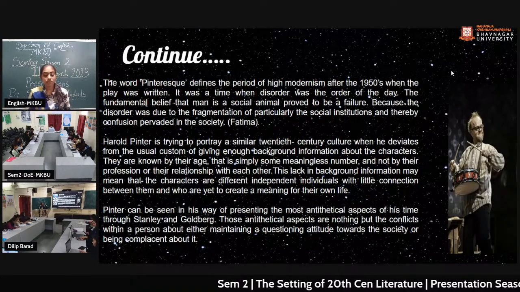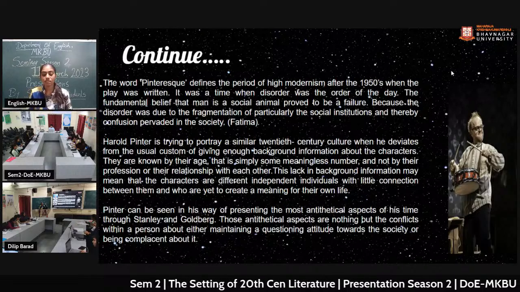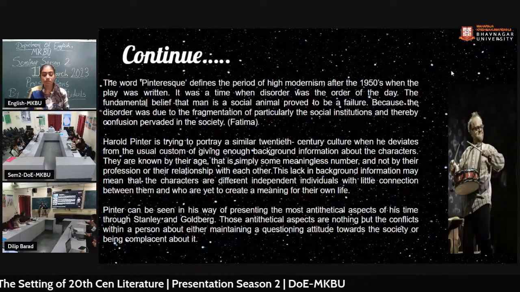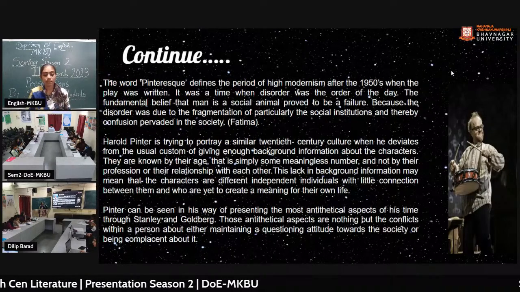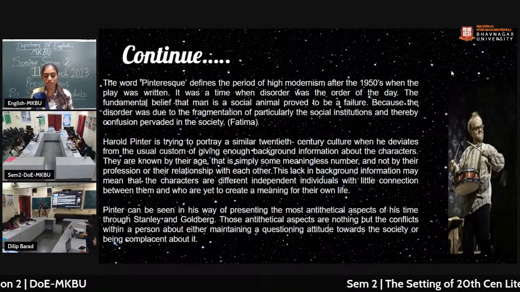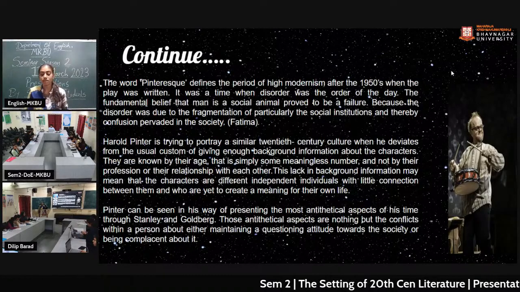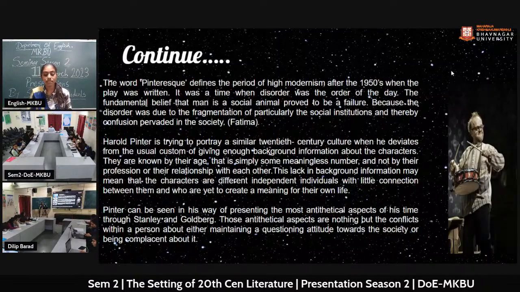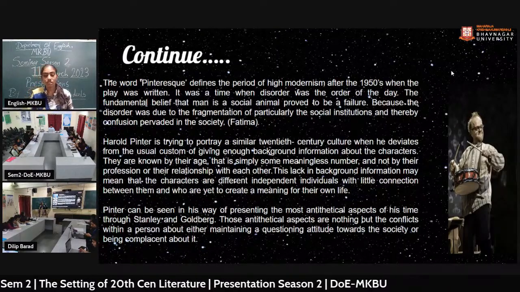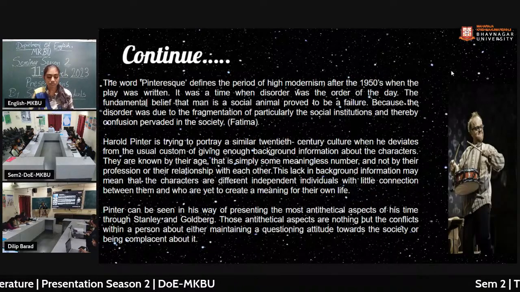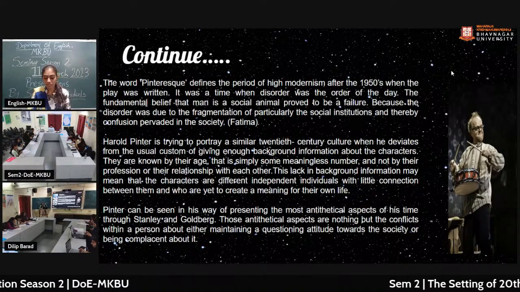Pinter can be seen presenting the most ethical aspect of his time through Stanley and Goldberg. Those antithetical aspects are nothing but the conflict within a person about either maintaining a questioning attitude towards society or being complicit about it.